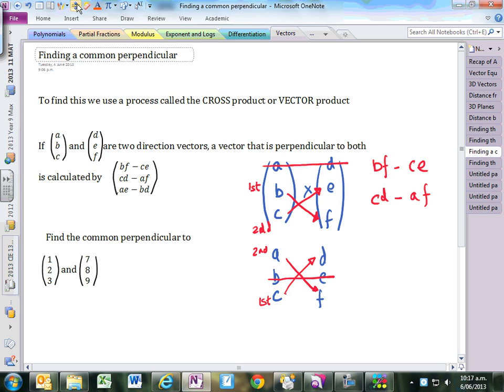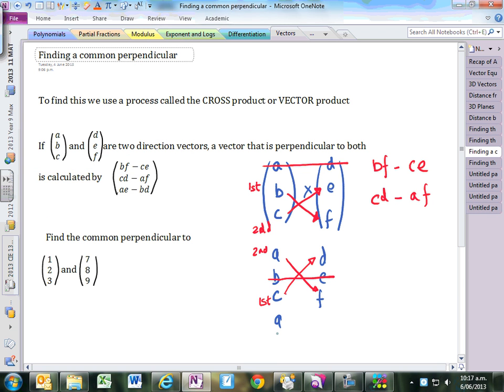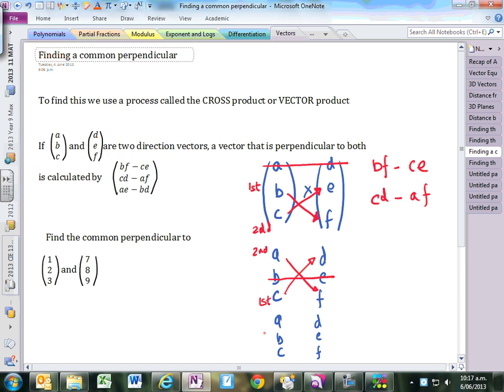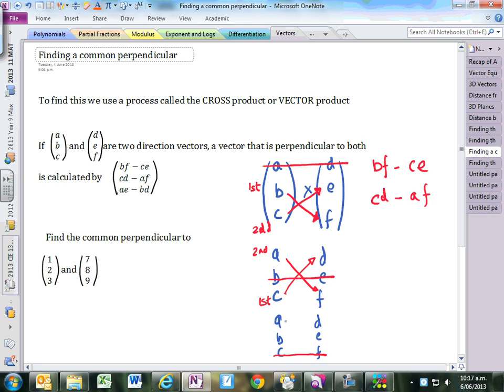And then we go to the last one, ABC, DEF. We're going to cross out the last line because we're now looking for the z component. And then we go back to the sort of pattern that we had with the first one. There's our first product.